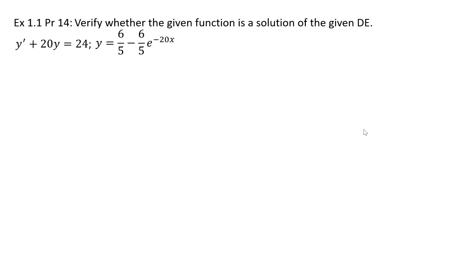Now, I could state the question in a slightly different way. I could say, is x equals 7 a solution of x plus 2 equals 5? Are you with me? Is x equals 7 a solution of x plus 2 equals 5?